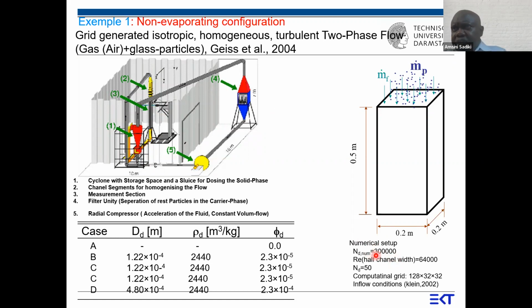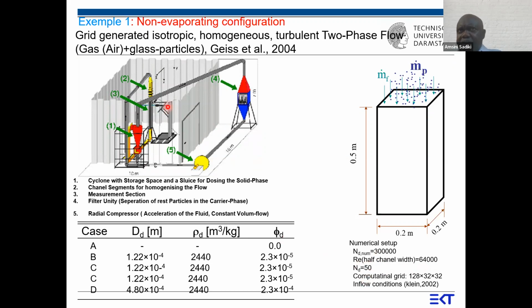Numerically, we have 300,000 control volumes. The Reynolds number was this, and the number of nodes was 50, and here we have the computation.